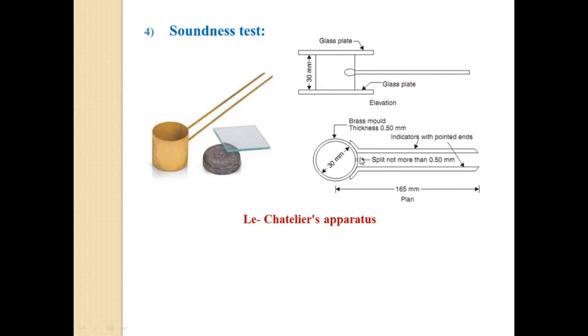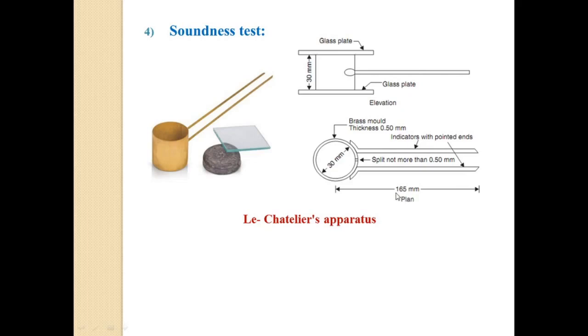On either side of this split, two indicators with pointed ends are attached, and the distance of these ends to the center of the mold is 165 mm. Here we can see the distance from this end to the center of the mold is 165 mm.